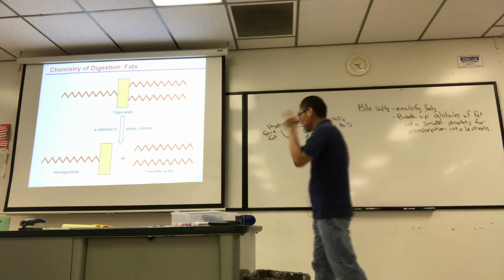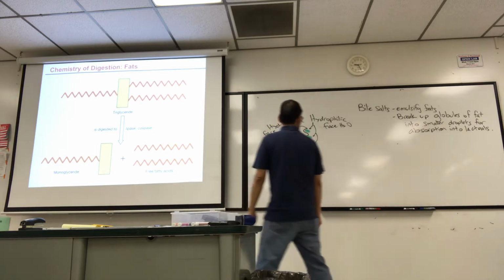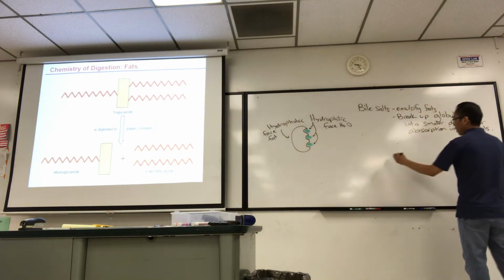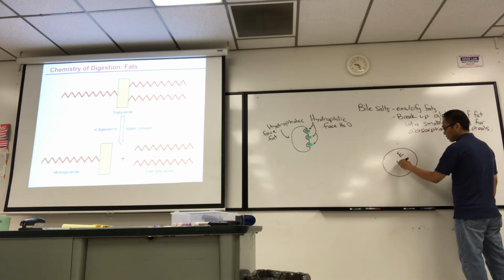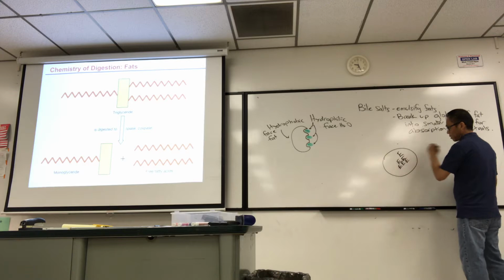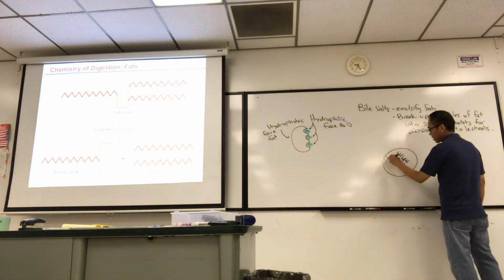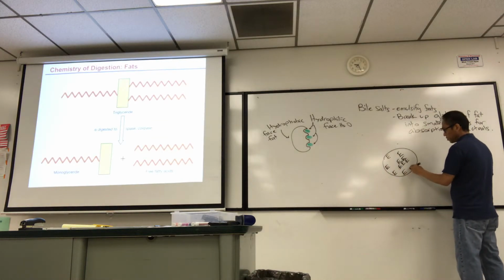True fat digestion is not fat emulsification. But what you're doing is, if you can have a smaller fat droplet, for example, a large globule, and all your triglycerides are in there, enzymes can only attack and digest. My E's are supposed to represent triglycerides.